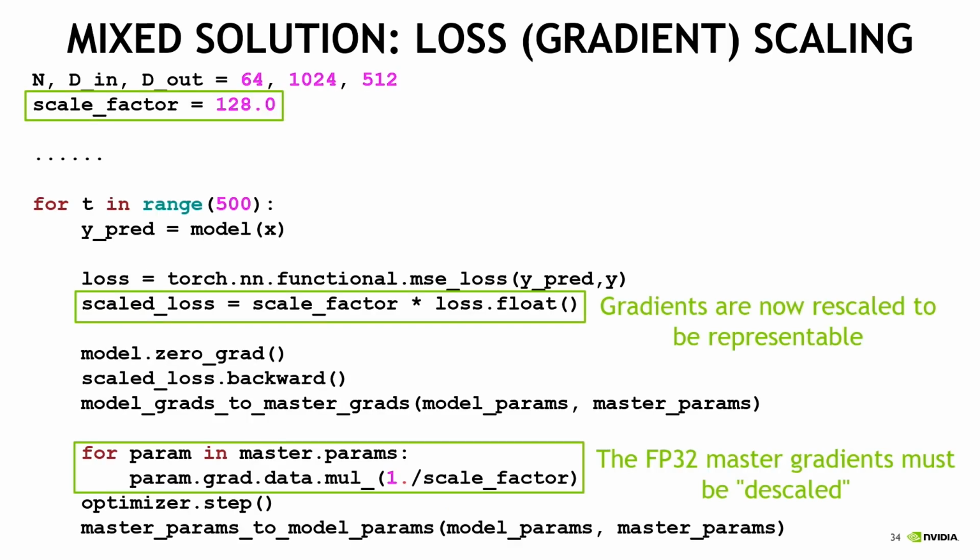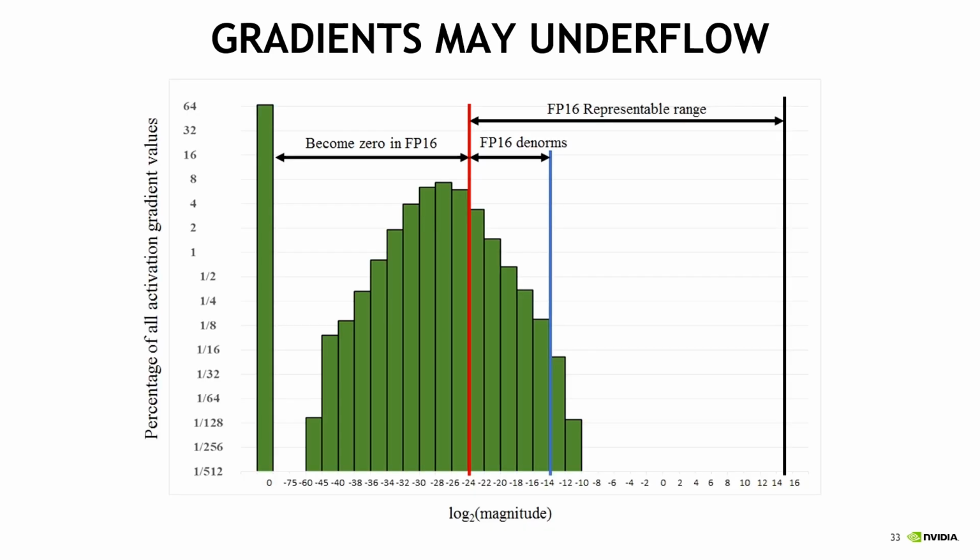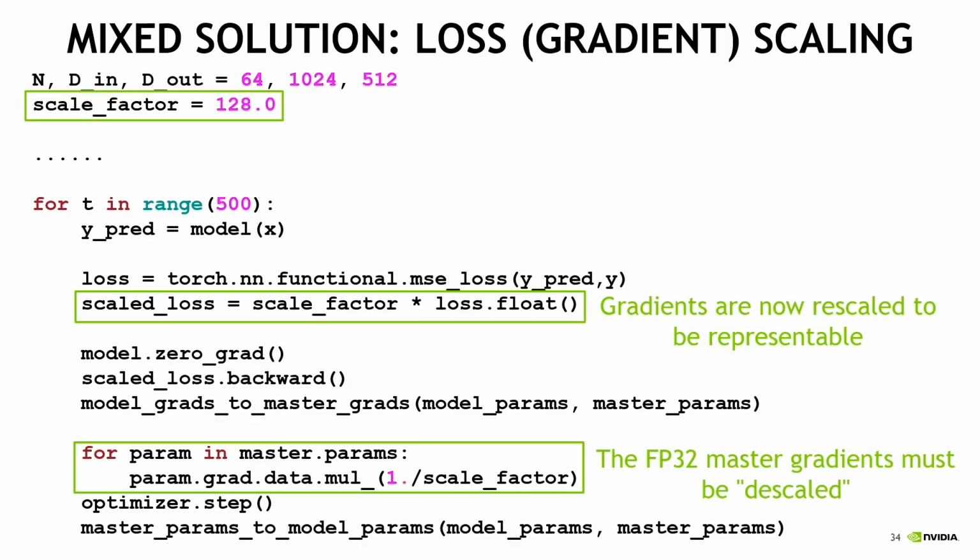All you basically do is you take your loss, and you multiply it by some sort of scale factor. Whatever this scale factor is, will be shifting over to the right. So if we pick a multiple of 2, it's going to shift it over to the right one step. If we have a multiple of 4, it's going to go over 2 steps, because this is the log 2 magnitude of our values.